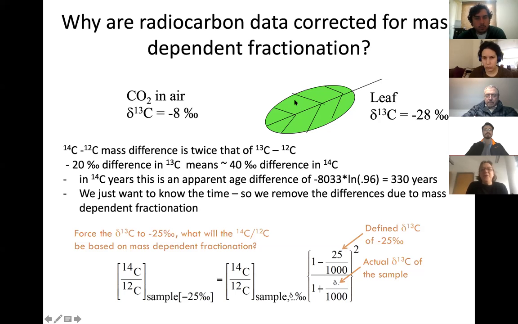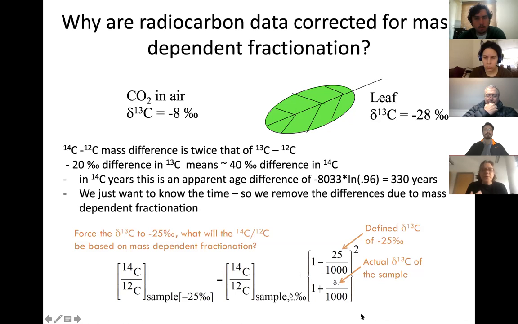So even though the leaf is created from the CO2 in air while we watch it grow, if we didn't take out this mass-dependent fractionation, it would seem like the leaf was older than the air from which it was fixed. So this is the equation that we use to remove it.